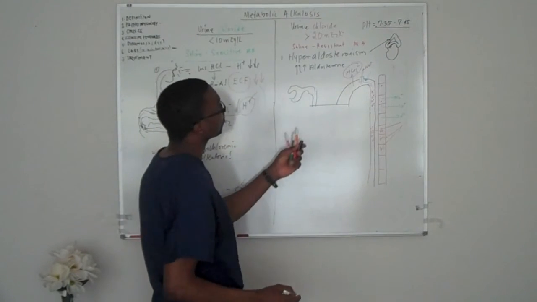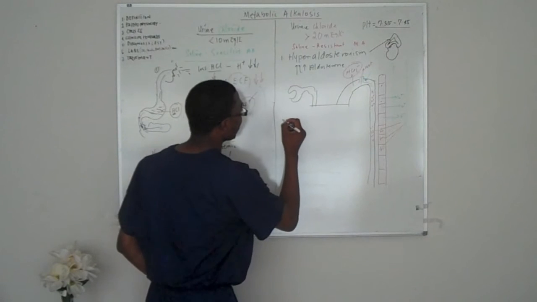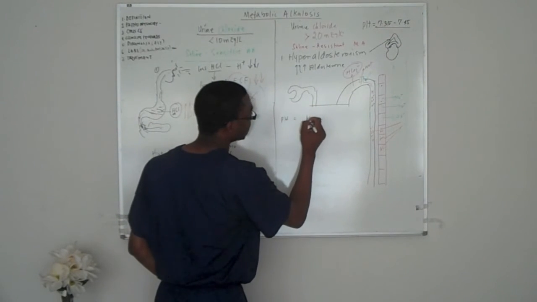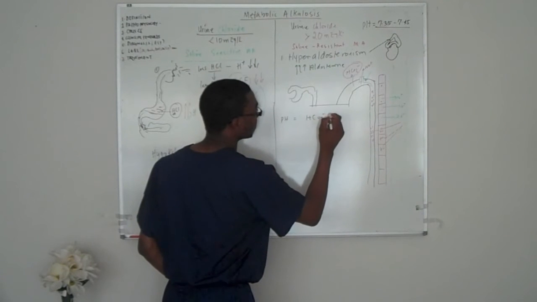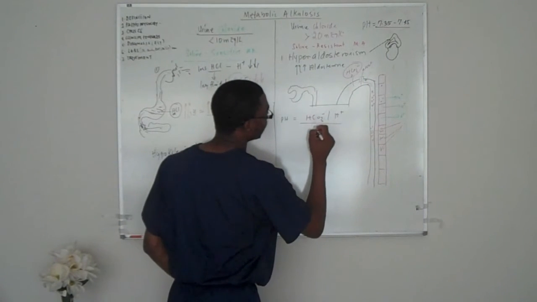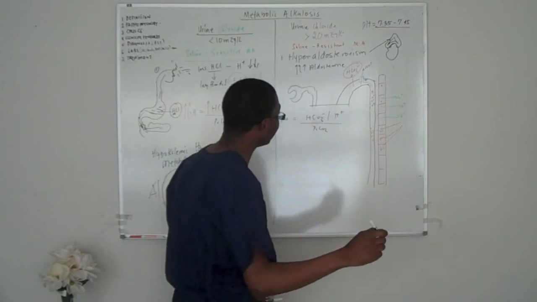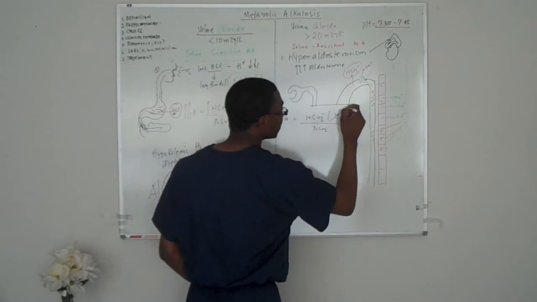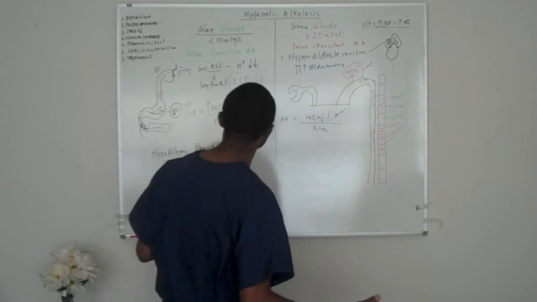This is saline resistant. So automatically, what you're going to see from our formula is this. We said bicarb, hydrogen ions over PaCO2. Correct? That means we're losing hydrogen ions again. We're back to the same thing.